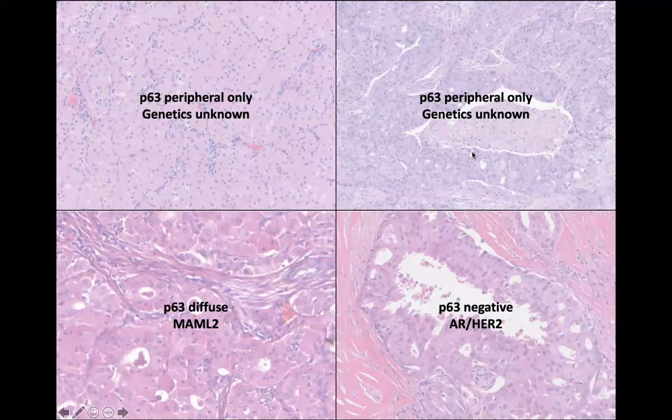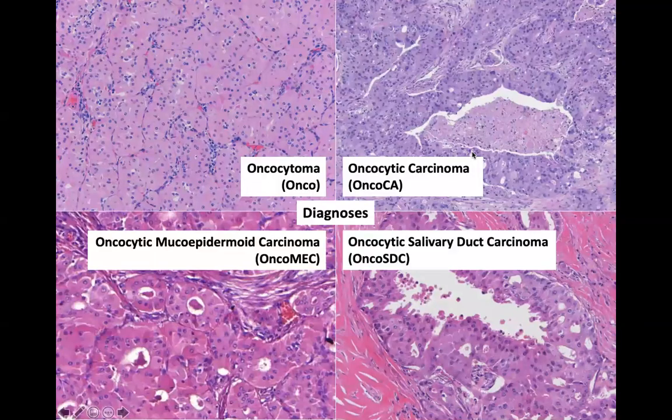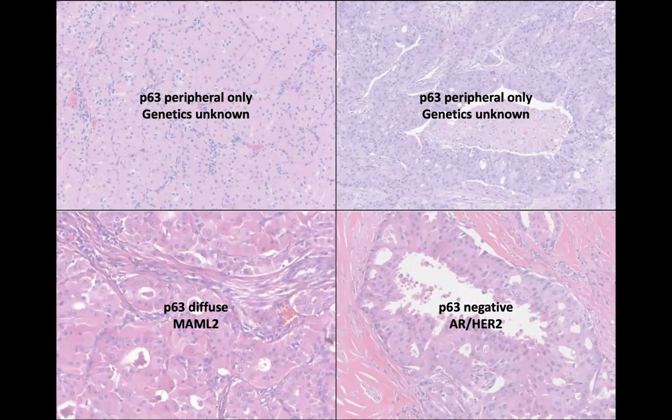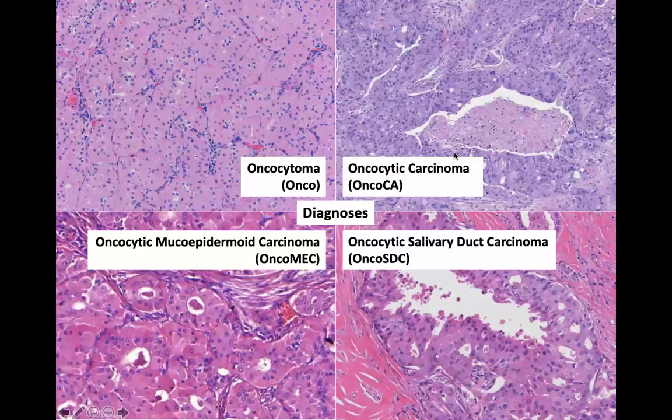Similarly, with your oncocytic carcinoma and your oncocytic salivary duct, generally your P63 negativity and your positivity for androgen receptor and HER2 should differentiate. But really, once you're at a high-grade carcinoma, probably splitting hairs between an oncocytic and a salivary duct is not important.